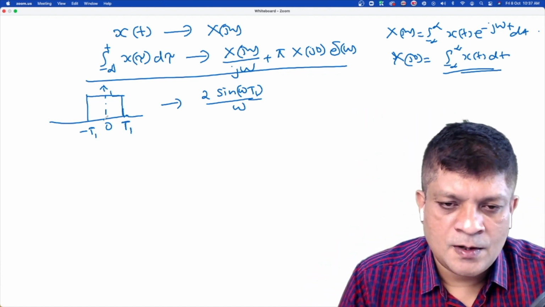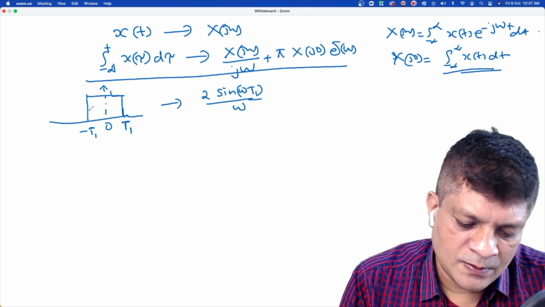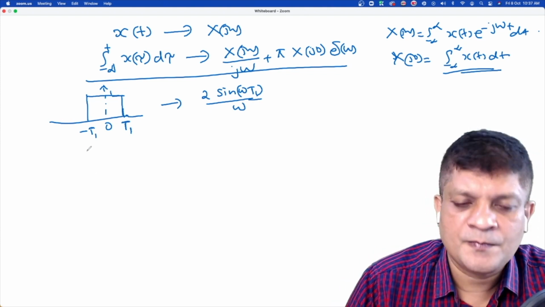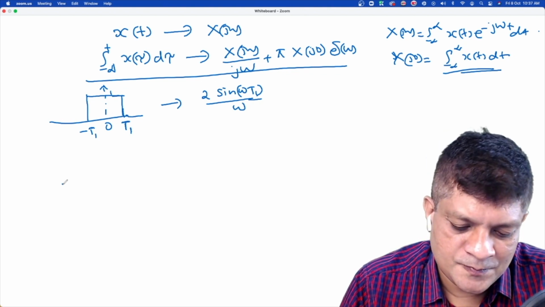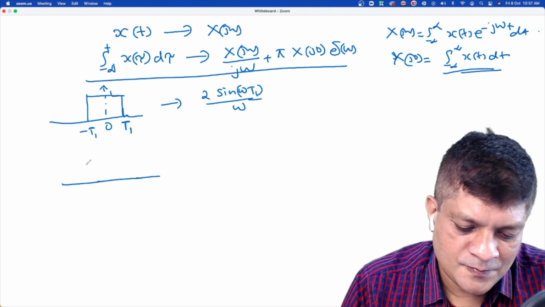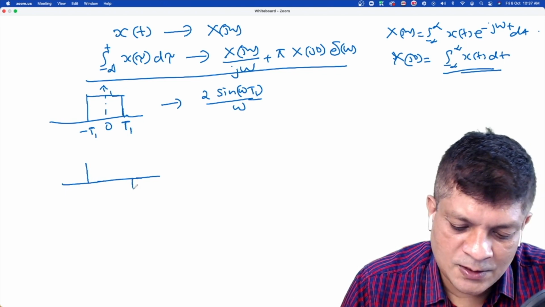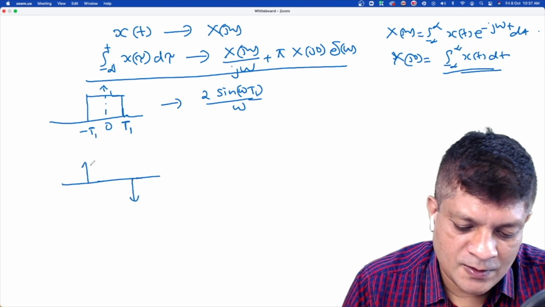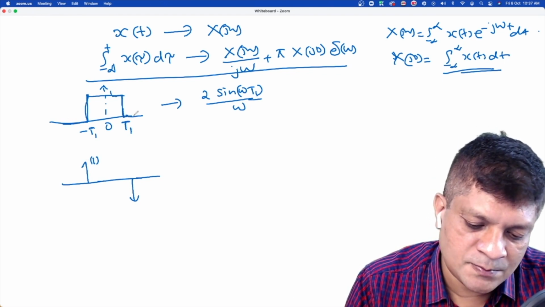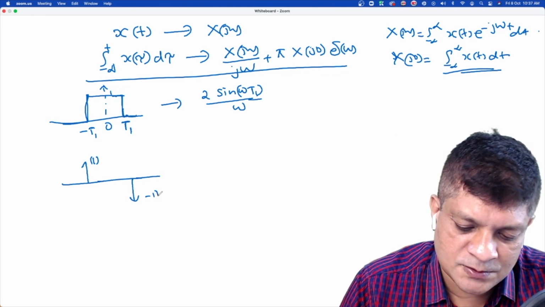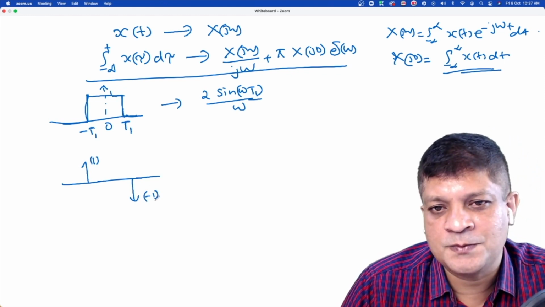Okay, now what is the derivative of this rectangular pulse? There are two impulses. What is the strength of this impulse? 1, because this height is +1 and this height is -1. So this is an impulse of strength -1. Is it?